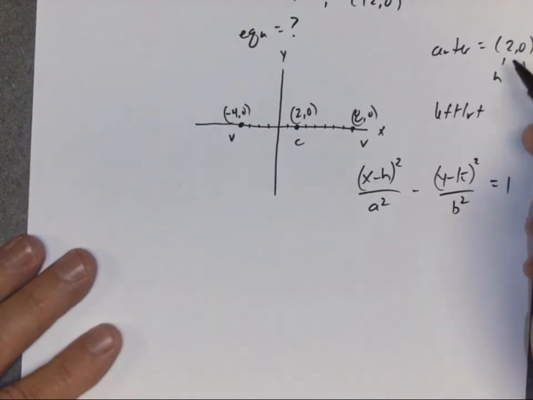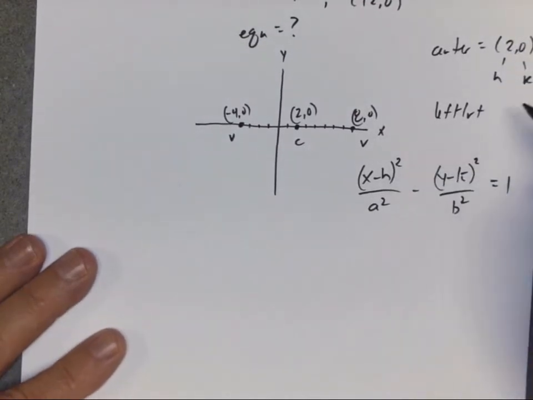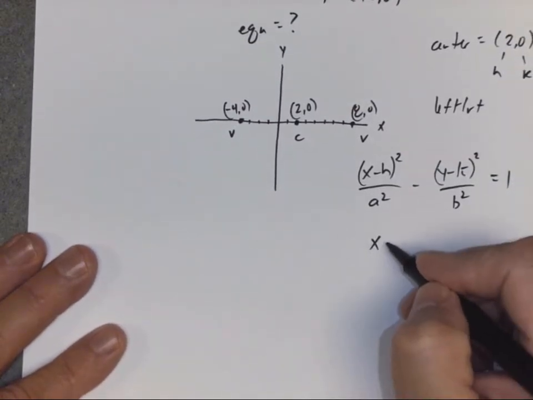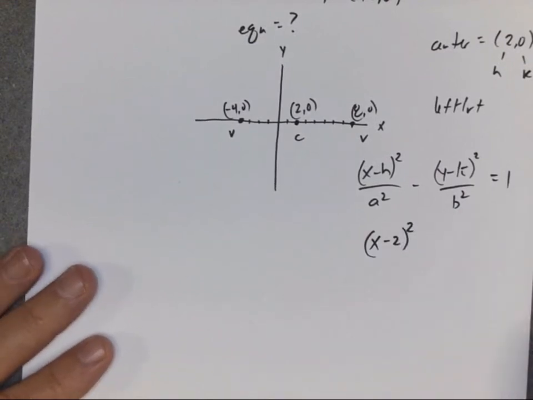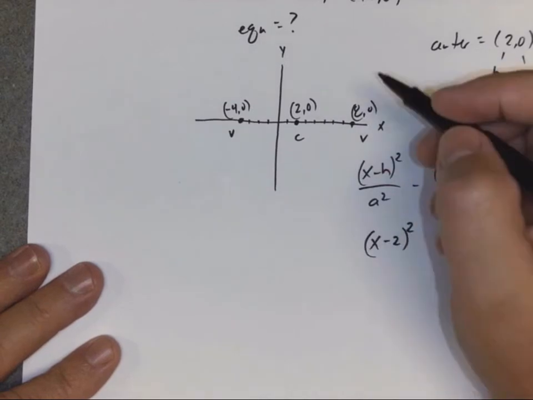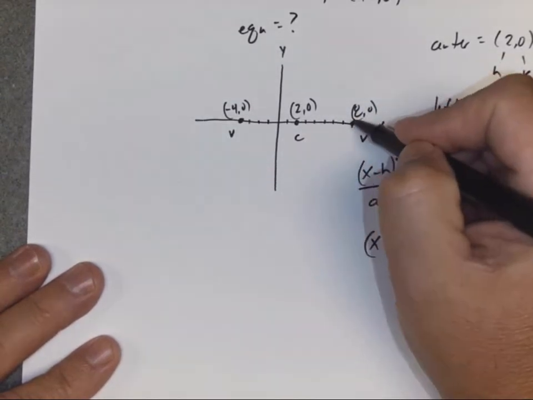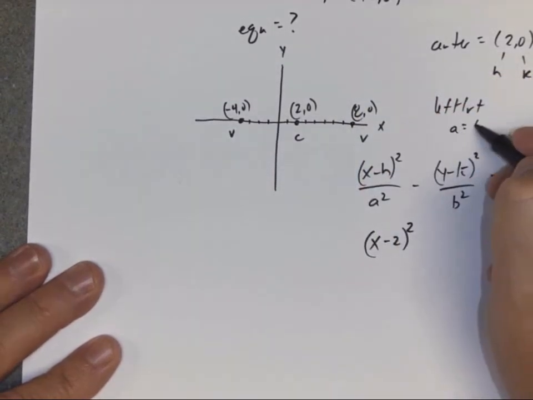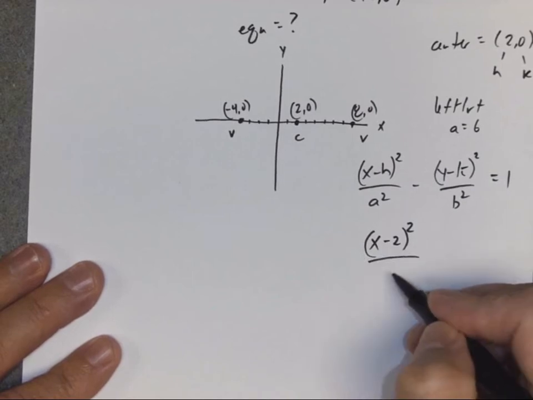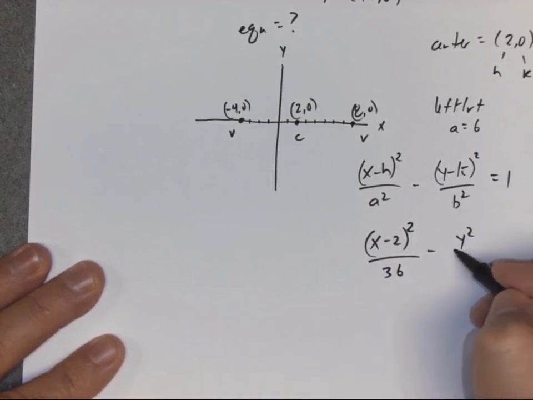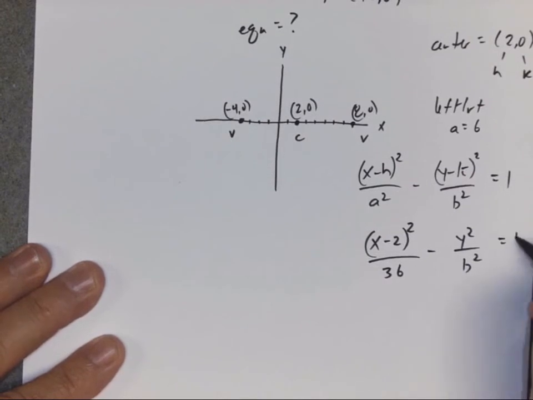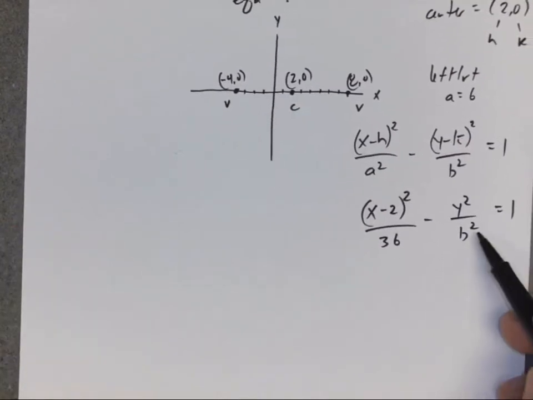Since I know the center, I know h is 2 and k is 0. And actually, let's figure out the a. The a is this distance here, which is 6. So really, the only thing I need to figure out is what is b. Once I know b, then I have the equation.